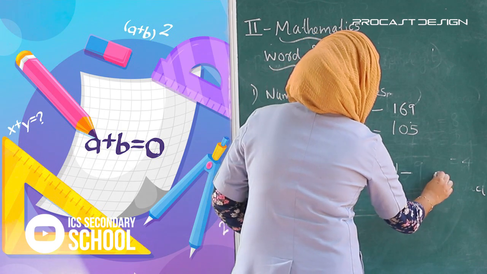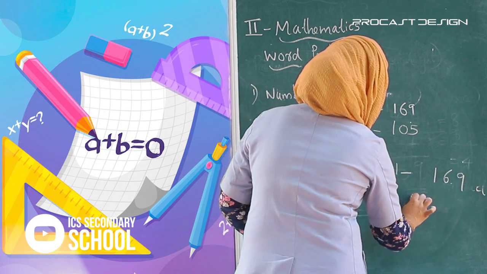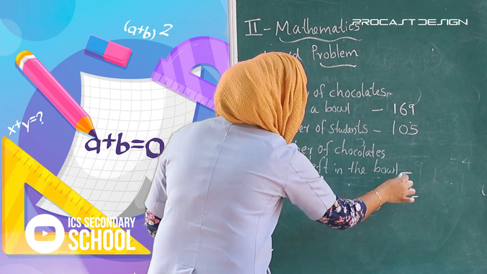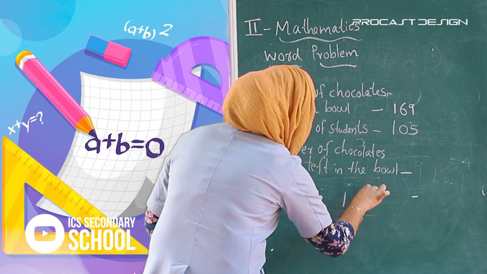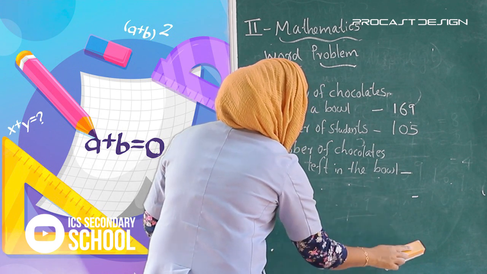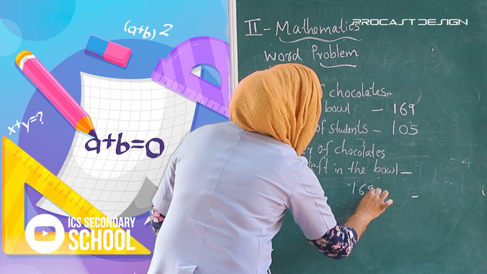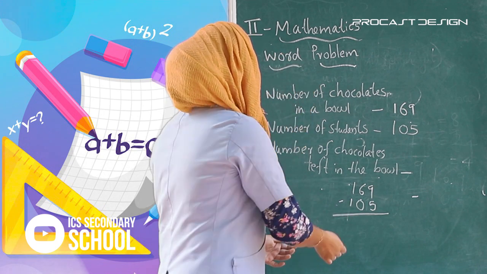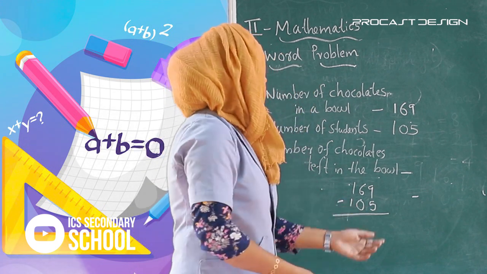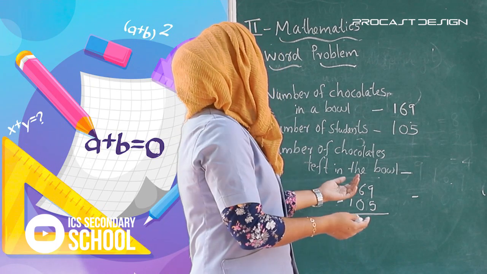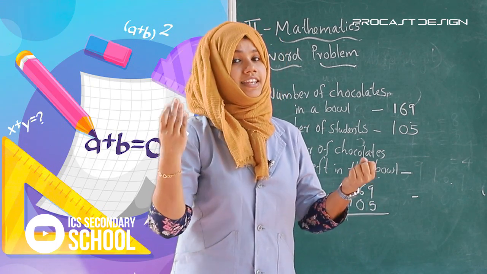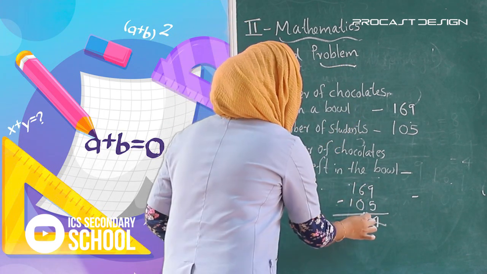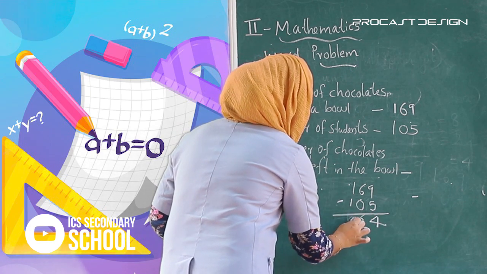So here the solution is 169 minus 105. 9 minus 5, 6, 7, 8, 9, we get 4. 6 minus 0 is 6. 1 minus 1, 0, no need to write.